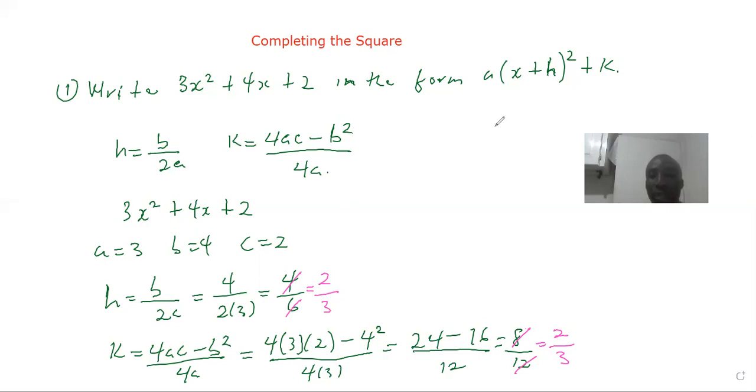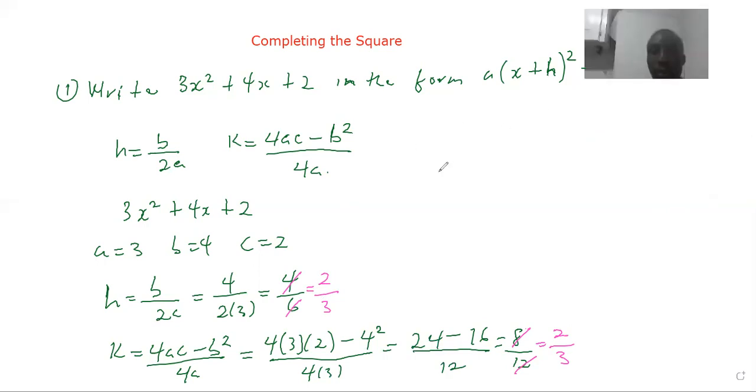Step 2, I'm going to substitute these values inside the formula. So I write the formula a(x plus h) squared plus k.